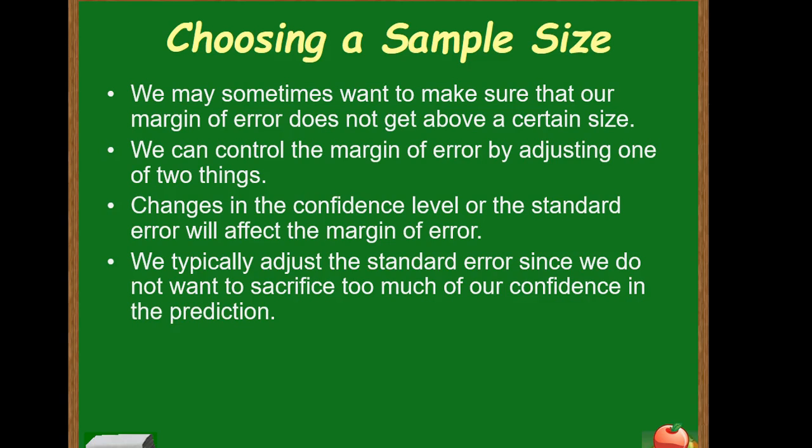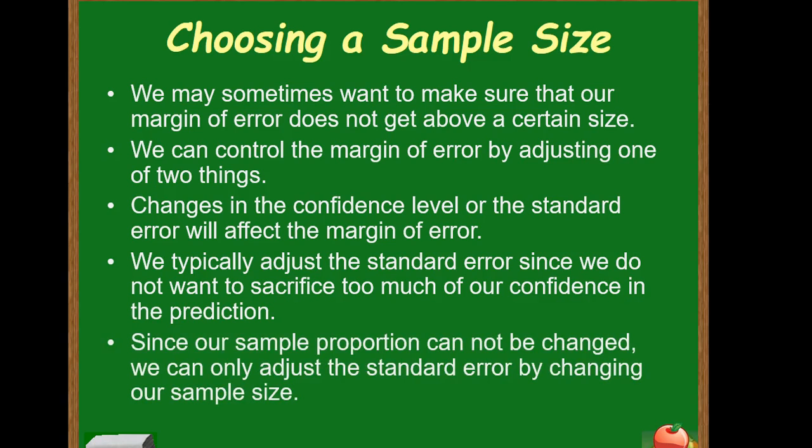Now, standard error is the square root of P hat times Q hat, all divided by n. And we can't really change the P hat and the Q hat. We don't really have much control over those. So since our sample proportion can't be changed, the only part of the standard error that we can adjust is our sample size.